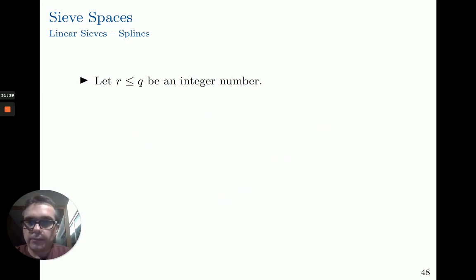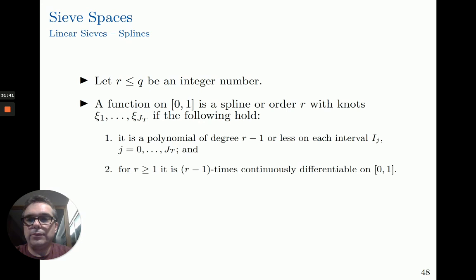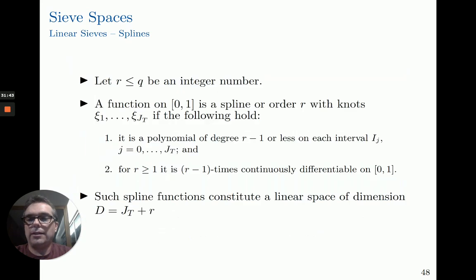Okay, and we define a spline of order R with knots xi_1 to xi_{J_T}. It will be a polynomial of degree R minus 1 or less on each interval. So again we have the intervals.